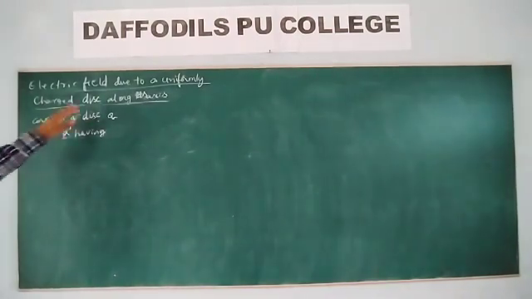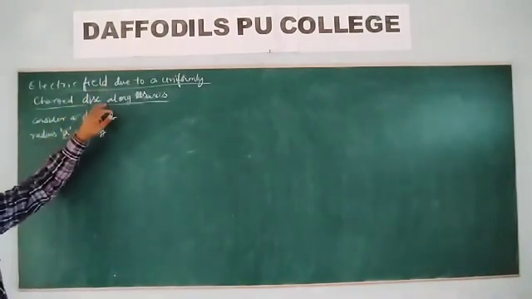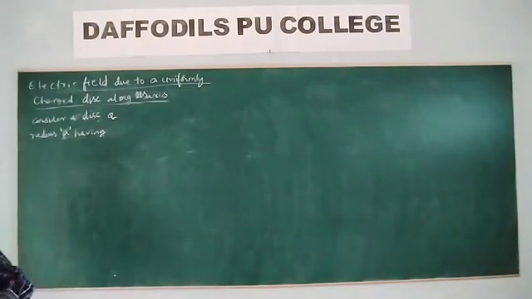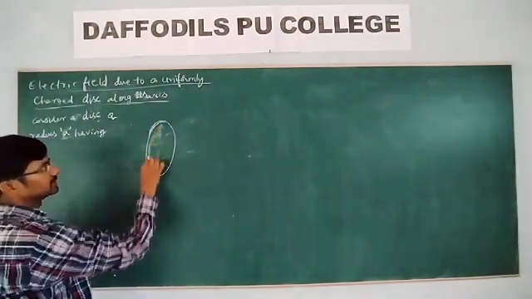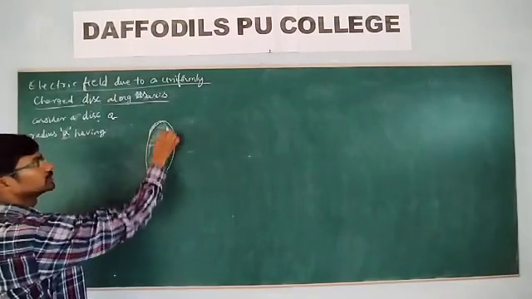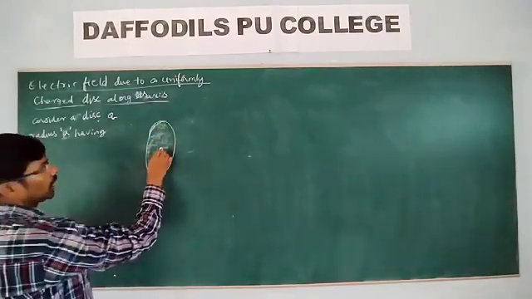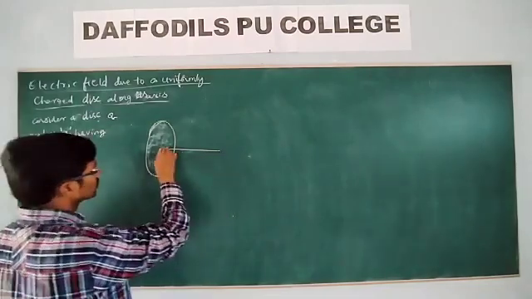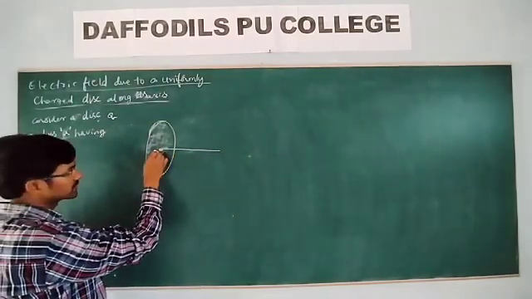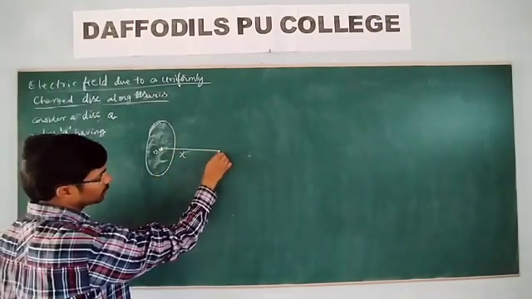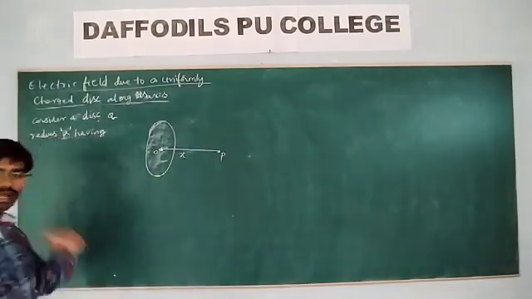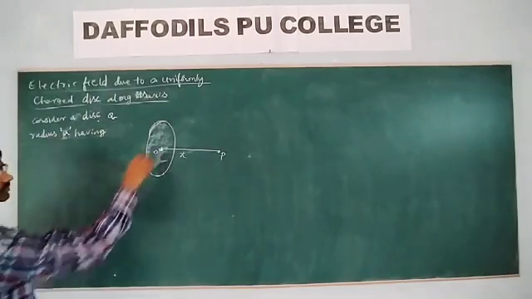Similarly, let us see the electric field due to a uniformly charged disk along its axis. As it is a disk, we have a charge on it, and we need to calculate the electric field due to this charged disk at a point P at a distance x from the center of the disk.